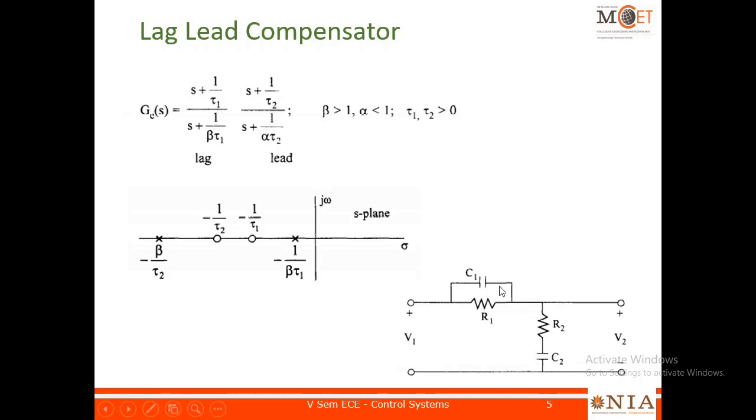So this is one example of lag lead where you can see that both arms are having RC and RC. So if you want, you can take the transfer function and compare it with this transfer function of the lag lead compensator and find the values of alpha, beta, and tau 1 and tau 2. Okay. So with this, we are closing the compensator.